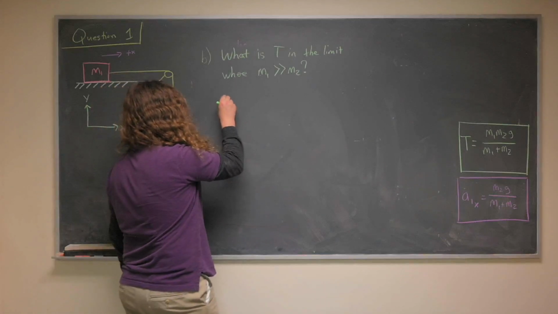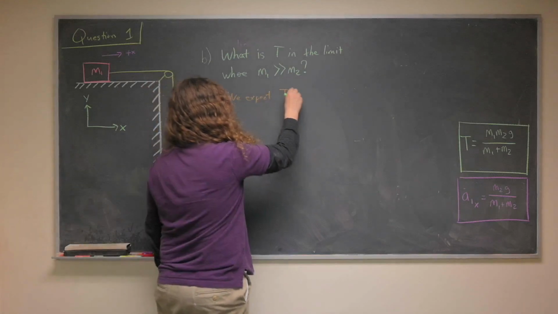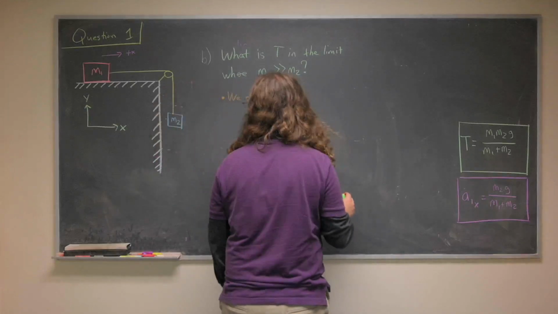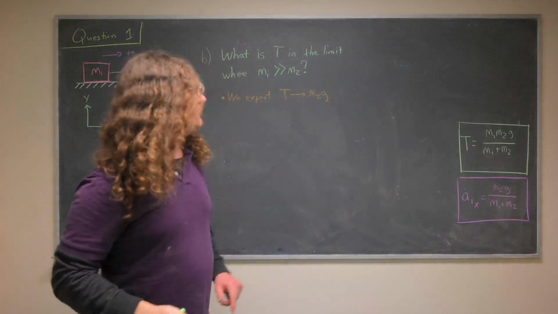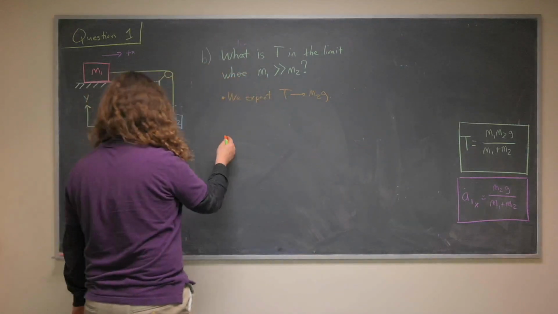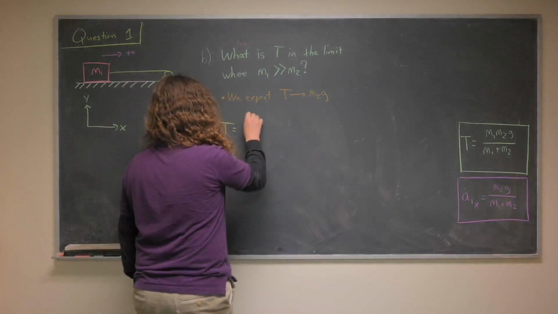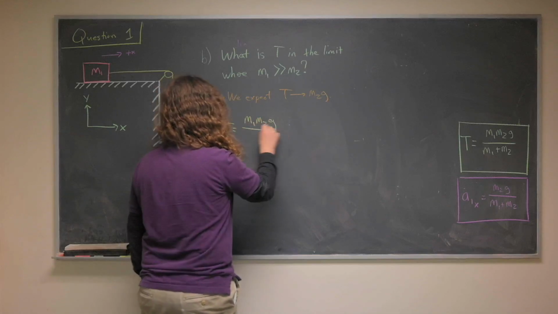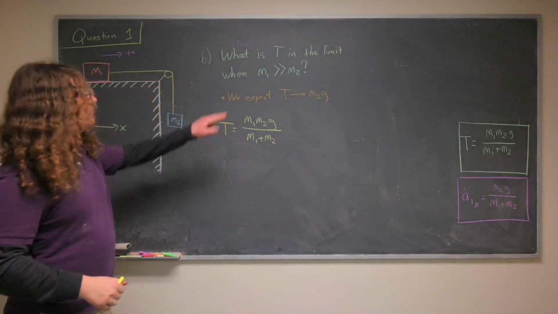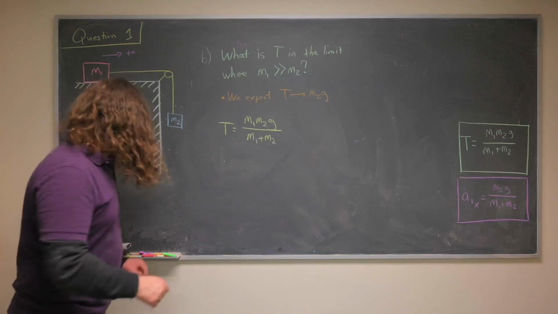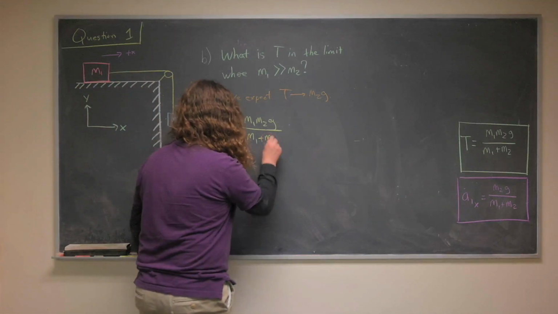So we expect the tension in that limit to be m2g. So let's take our formula here for the tension. T is m1 m2g over m1 plus m2. But in this limit, where m1 is way bigger than m2, then this doesn't matter.